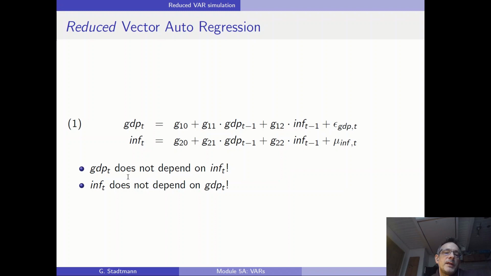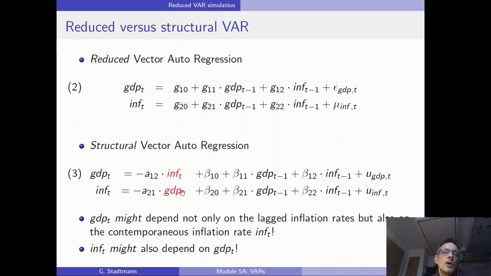Therefore, GDP in period t does not depend on the contemporaneous inflation rate in period t, and also the inflation process in period t does not depend on GDP in period t. This is different in a so-called structural vector autoregression.